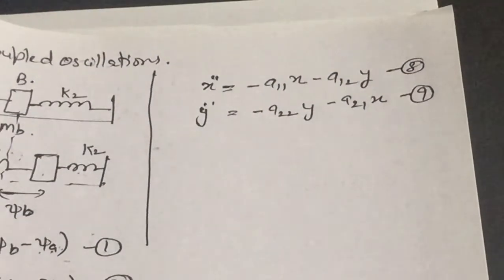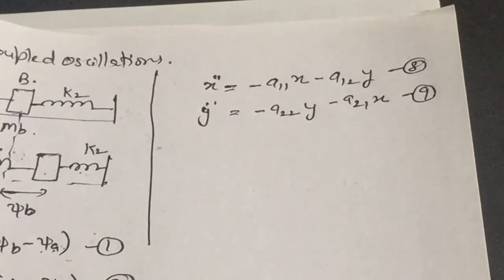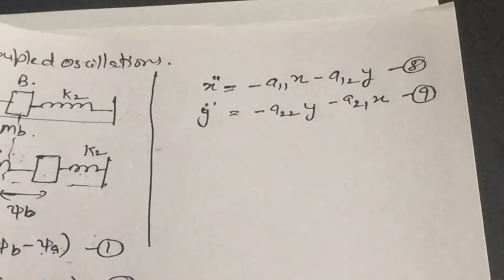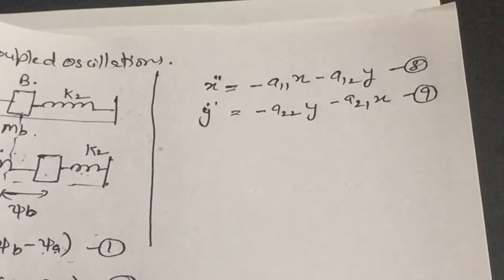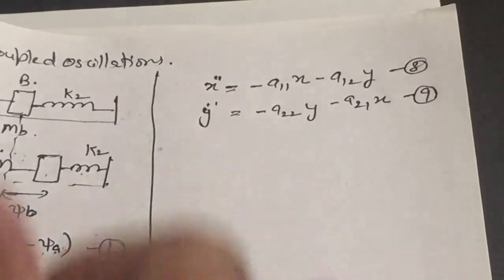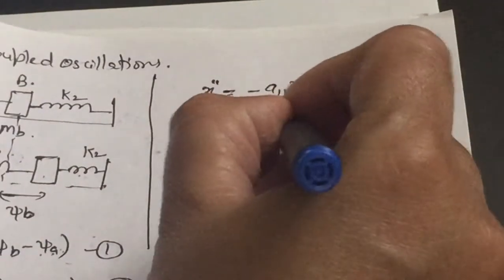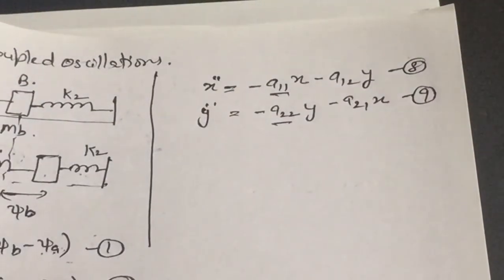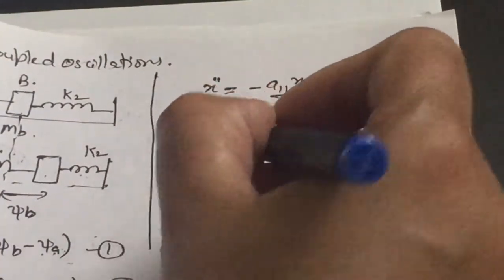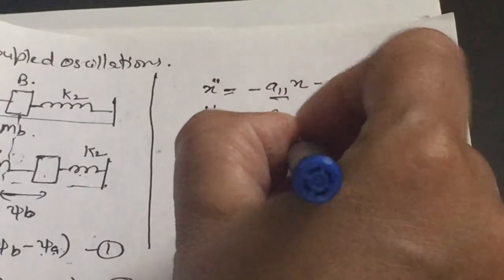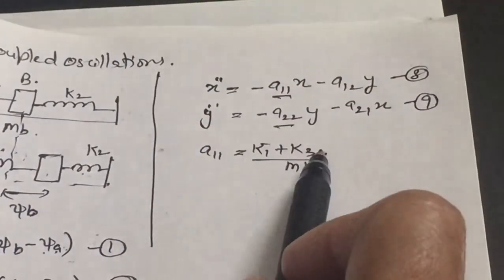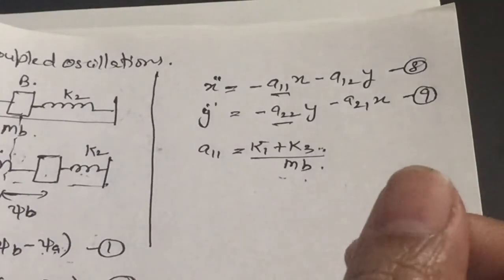These are the reduced forms of our equations which we derived from a system having two different masses connected with three springs. What are these values a11 and a22 representing? A11 is representing k1 plus k3 divided by mb, that is the spring constant divided by the inertia factor.